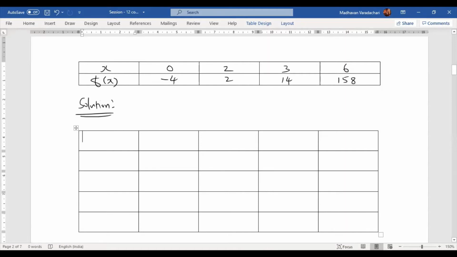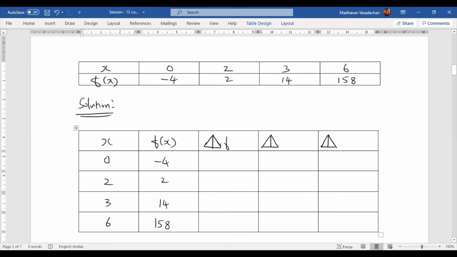So here let me write x, and we know it is given as 0, 2, 3, and 6. This is f of x: -4, 2, 14, 158. We say divided difference, so I will be using a symbol delta. Since we say divided, in between I'll put one vertical line in between the delta. You call that as divided difference.